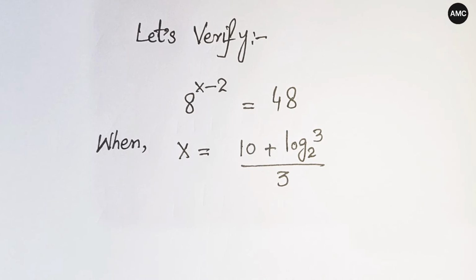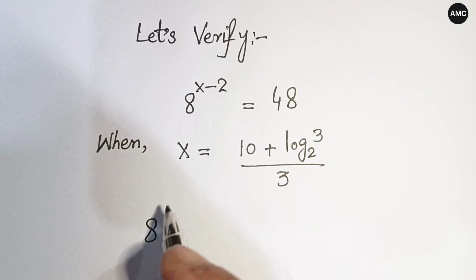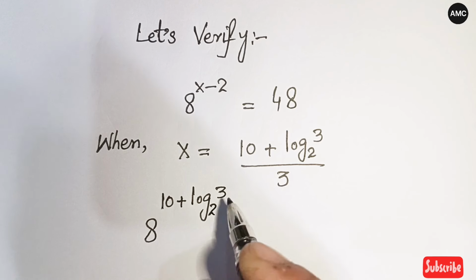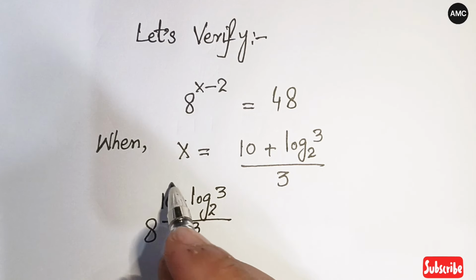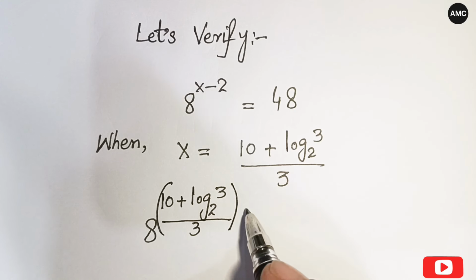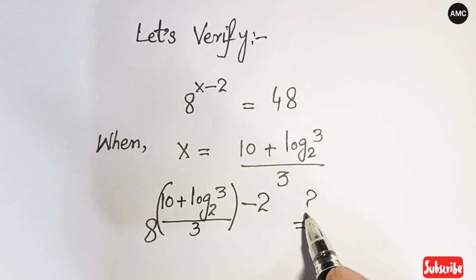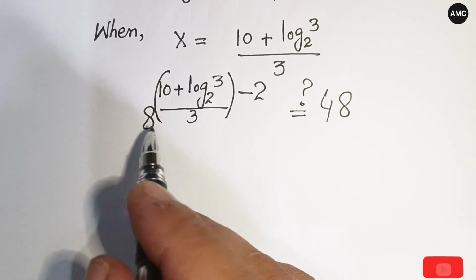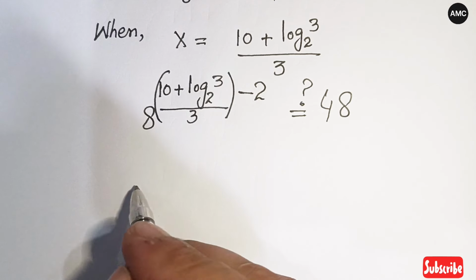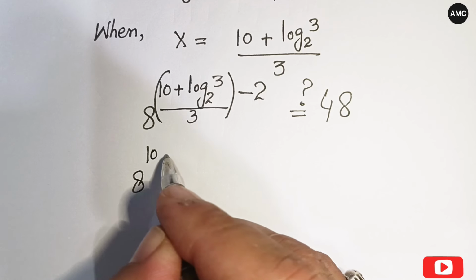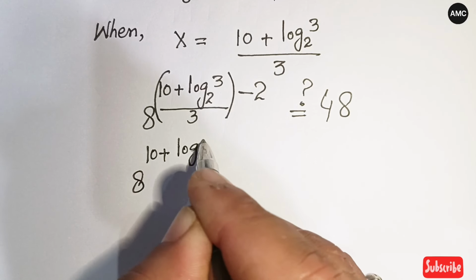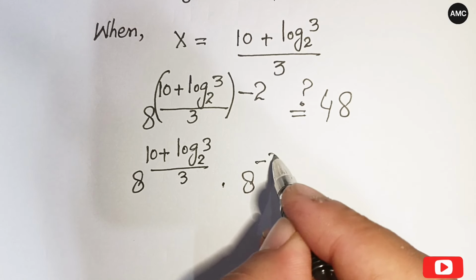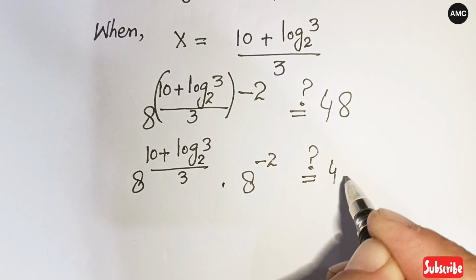So putting this value of x here, now we get a to the power x is 10 plus log 3 to base 2 all over 3 times, here we have minus 2, is it equal to 48. Now here we can write this, that a to the power 10 plus log 3 to base 2 all over 3 and times a to the power minus 2, is it equal to 48.